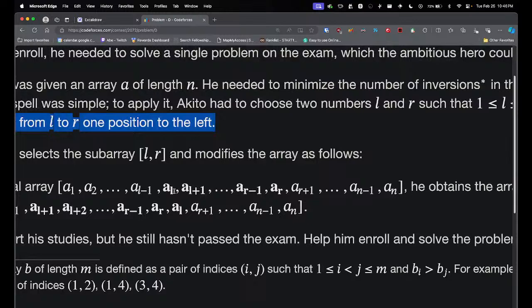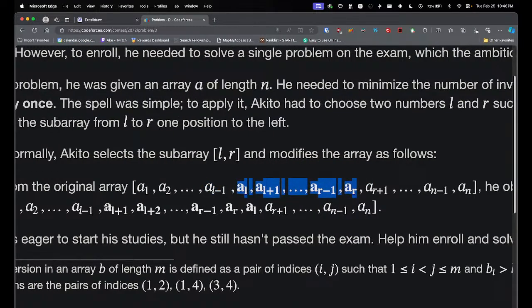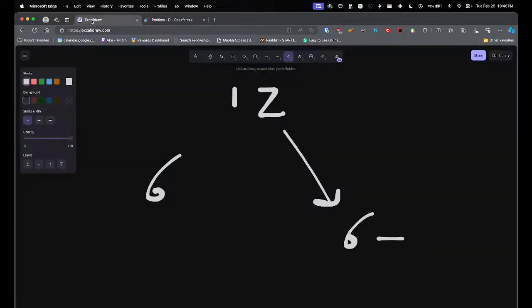If you see over here, this subarray AL to AR becomes AL plus 1 to AR, and then in the last AL gets added. Basically this index goes to over here. Now everything else remains the same. That is a very important thing to note.